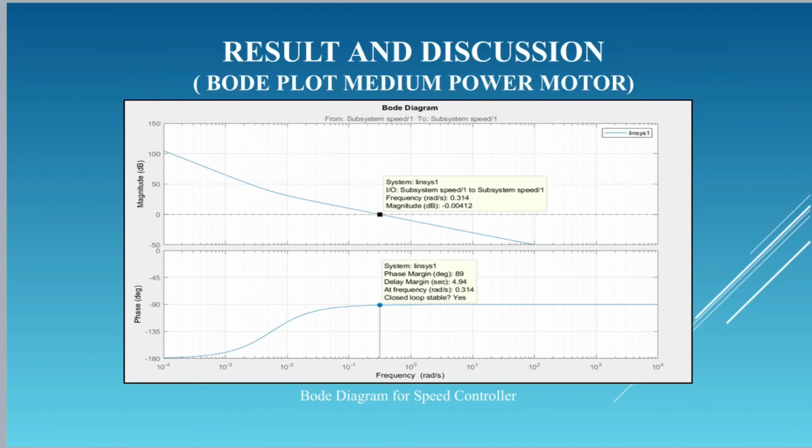Following the simulation result shown in the figure, the bandwidth obtained is 0.314 radian per second, while the phase margin is 89 degrees. It indicates the performance of both the speed and torque controller for the mid-power DC motor indeed gives a fast response with minimal overshoot and zero steady state error, since the values of bandwidth are large and the value of phase margin is larger than 65 degrees.